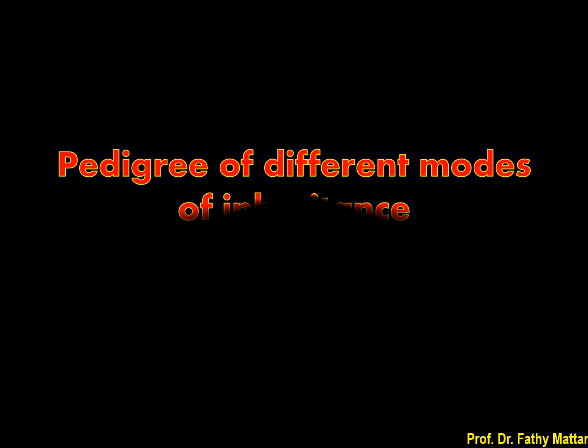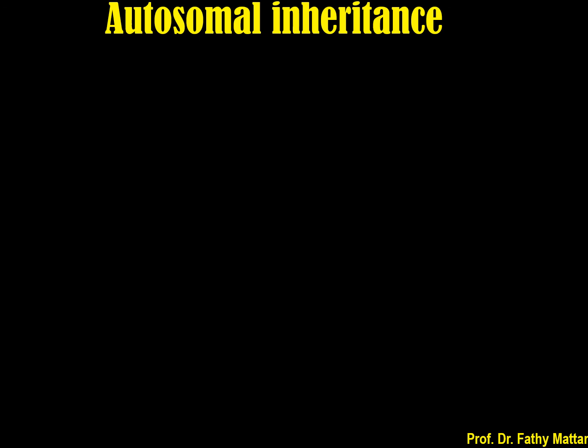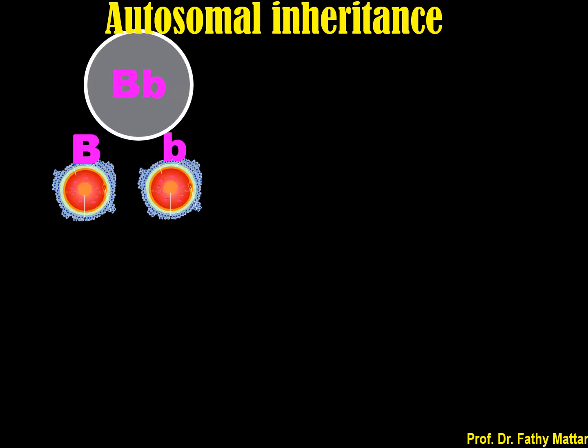Now, pedigree of different modes of inheritance. Autosomal inheritance. If we have a female who is heterozygous with dominant and recessive genes, these genes will be segregated during the formation of the egg cells by meiosis, or meiotic division, and so some of the egg cells will have the dominant allele and others will have the recessive allele.